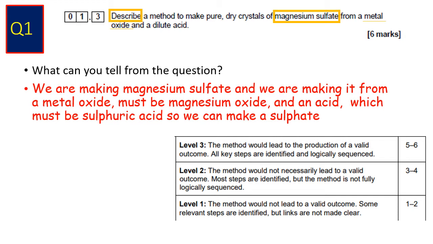To get a level 3 and get 5, 6 marks, you want to have a valid outcome, so you've got the right chemicals, so you're going to be able to make the magnesium sulfate, and it's going to be a nice logical approach. So you want to think about how you can best lay out this answer. Pause the video, have a think about how you would answer this one.